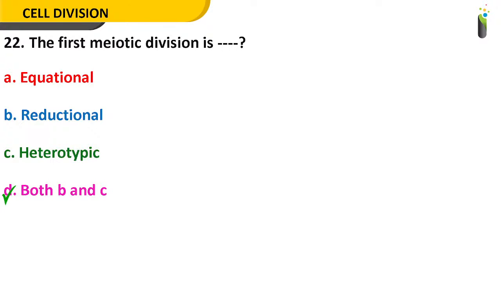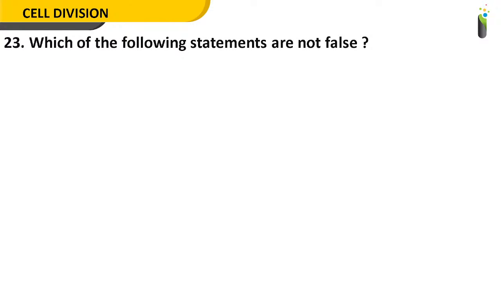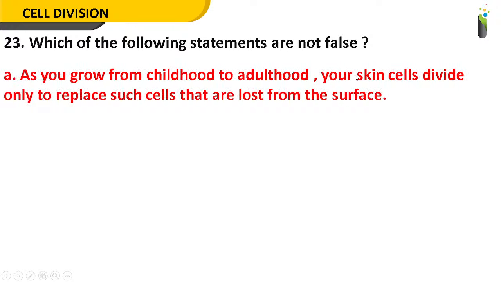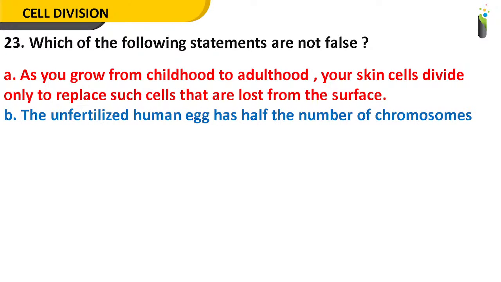Now, coming to the next question, number 23. Which of the following statements are not false? Not false, that is true. A. As you grow from childhood to adulthood, your skin cells divide only to replace such cells that are lost from the surface. B. The unfertilized human egg has half the number of chromosomes.